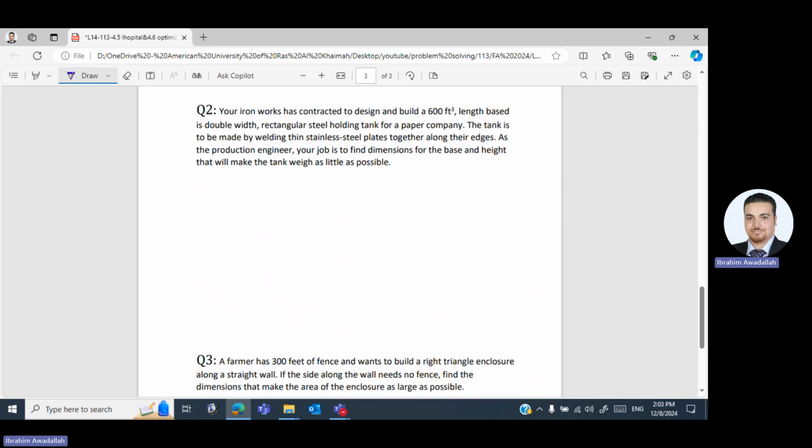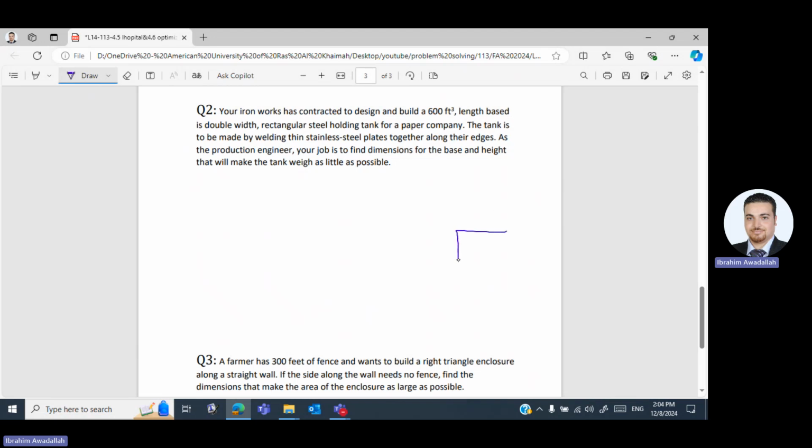Okay, we don't have much time, so we'll try to make this video short. An ironworks company has contracted to design and build a 600 cubic feet rectangular steel tank. The length of the base is double the width.